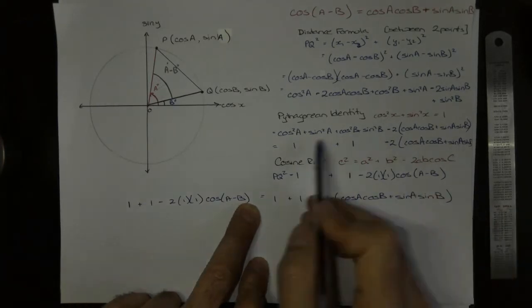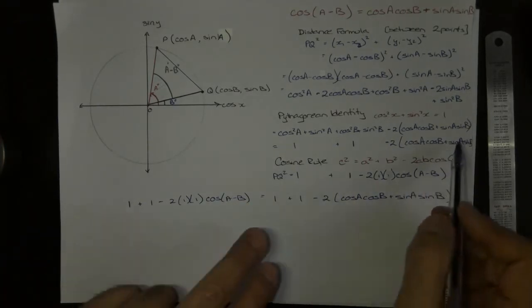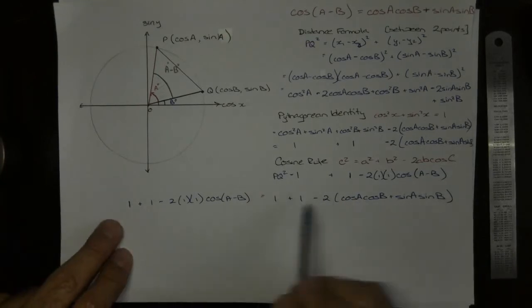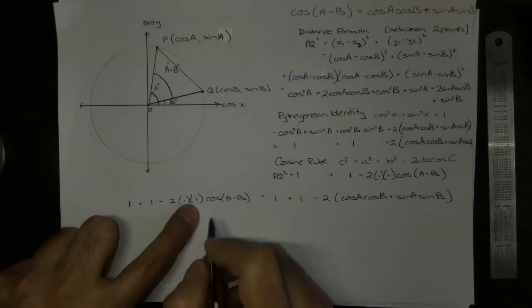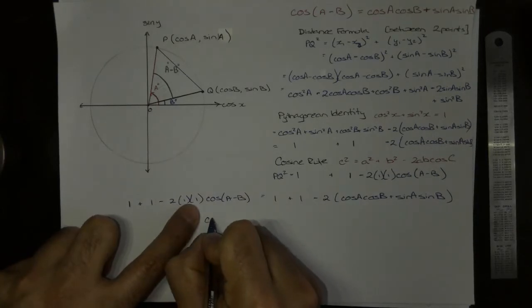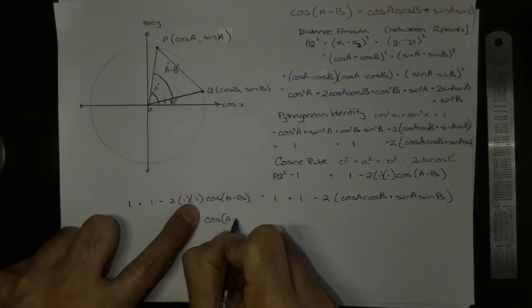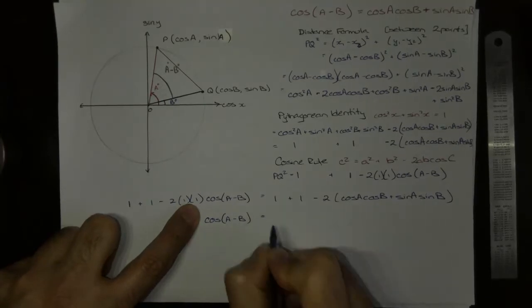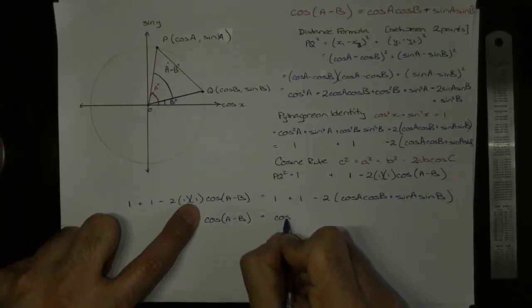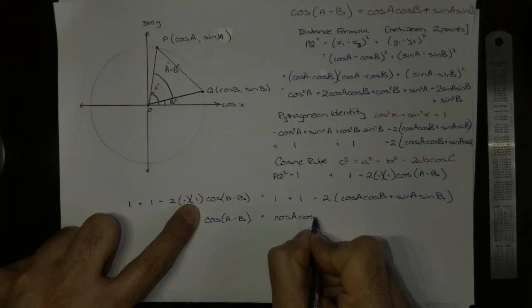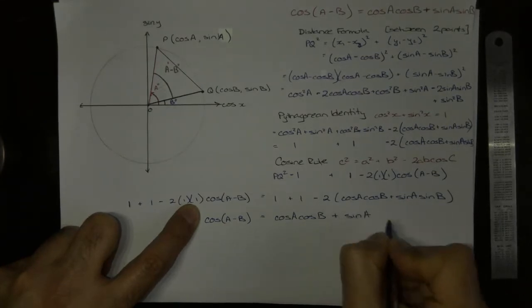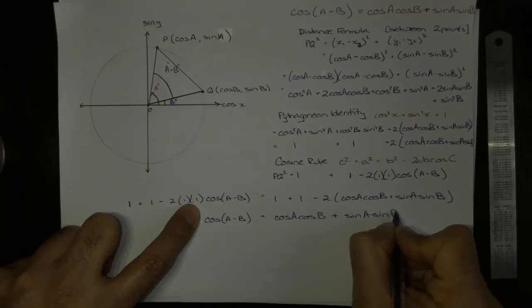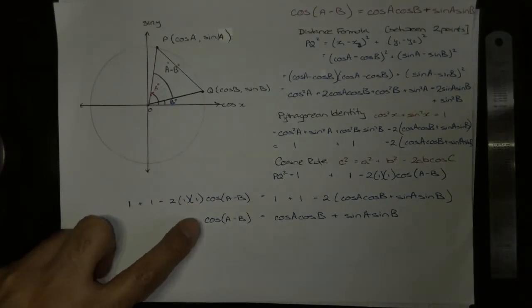Okay, so this rule's here and that rule's there because they equal each other. Obviously, this cancels each other out, so it just leaves us with cos A minus B equals cos A cos B plus sine A sine B. And that's the first identity.